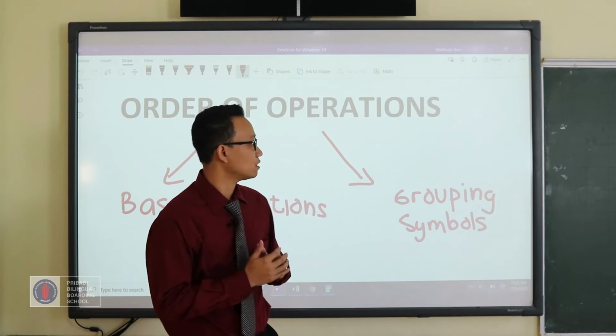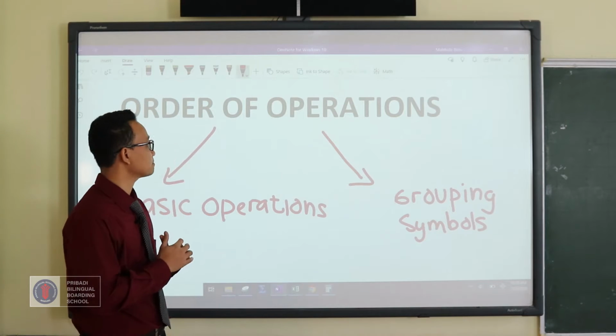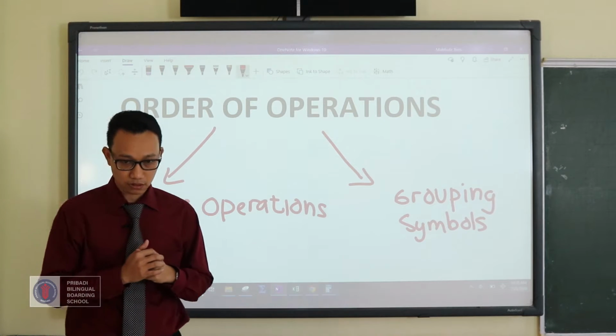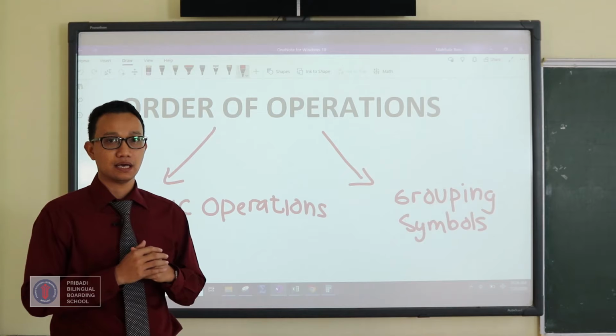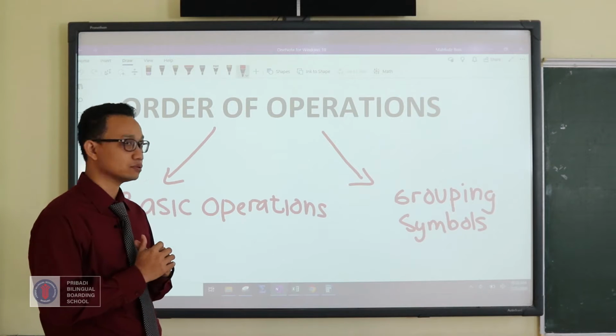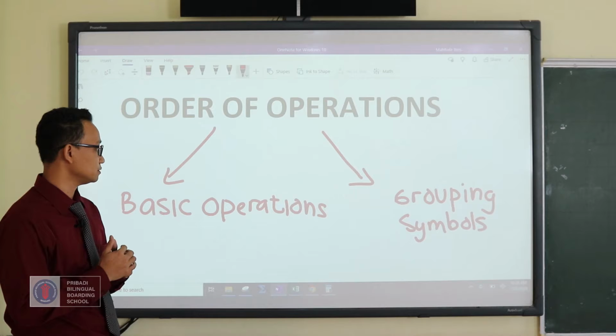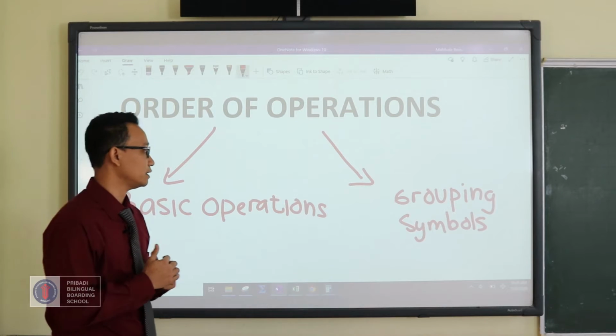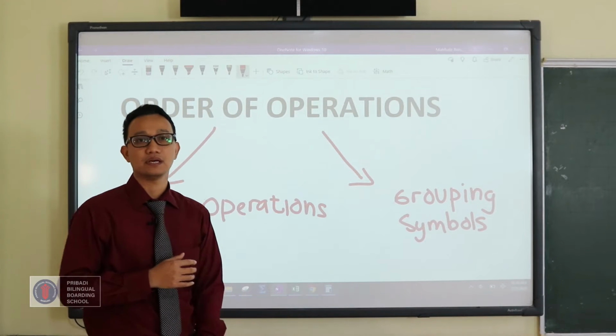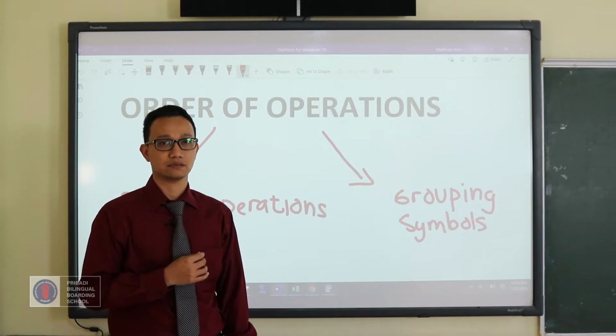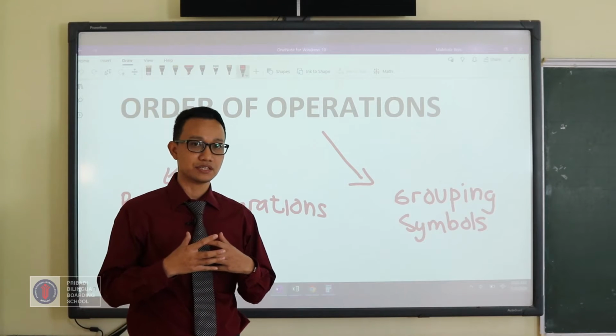Let me first explain about this. The order of operations actually has two terms. The first one is the basic operations, and the second one, of course, is the grouping symbols, because in some calculations we mix the operations with grouping symbols. As you know, the basic operations are addition, subtraction, multiplication and division. And for grouping symbols, we have three symbols here: brackets, parentheses, and braces.